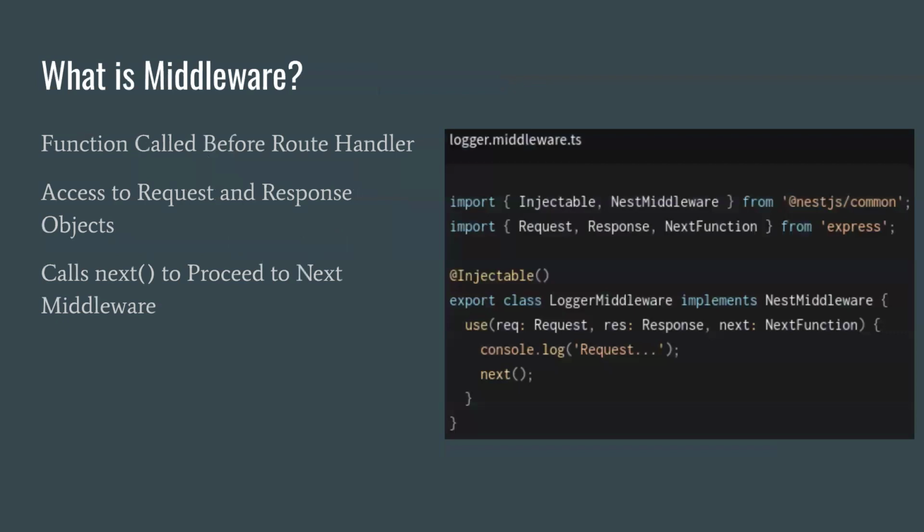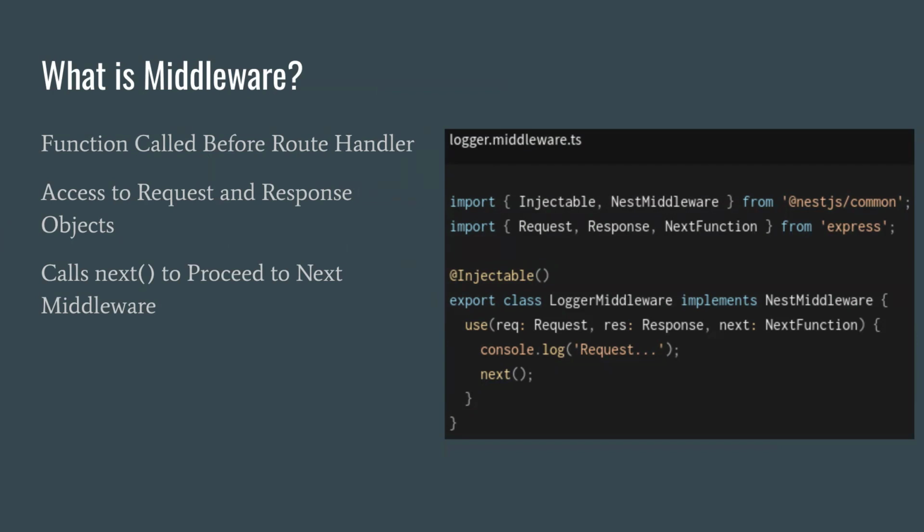So what is middleware? Middleware is a function that gets called before the route handler in a web application. Middlewares have access to the request and response objects, as well as the next middleware function in the application's request-response cycle.